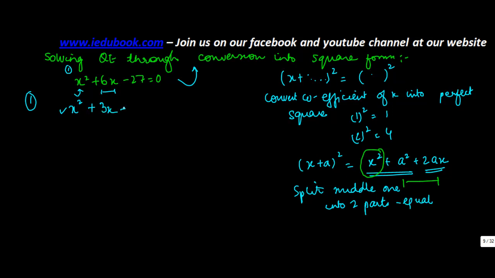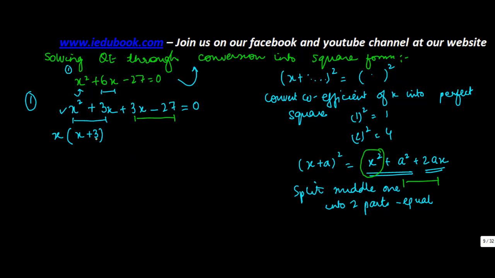So you write this as 3x plus 3x minus 27 is equal to 0. Now once you've done that, take the first two items, take the common between them, let's say x, so you get x plus 3 here. Now what is left is this.